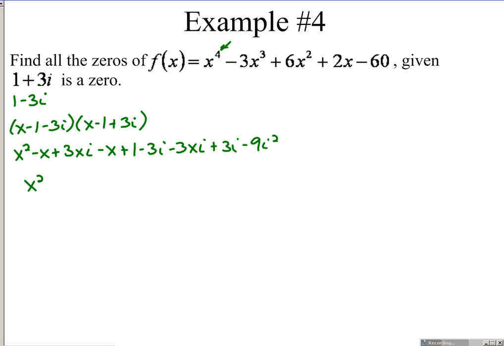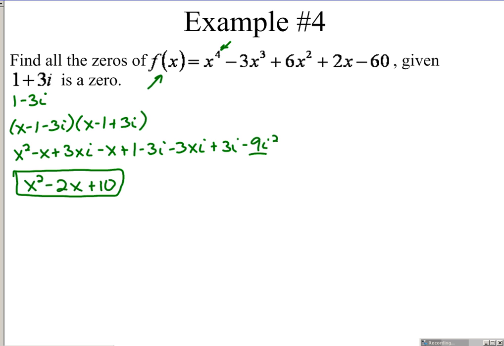Simplify: x squared minus 2x. 3xi minus 3xi gone. 1 plus 9, because negative 9i squared becomes positive 9. 1 plus 9 is 10. And negative 3i plus 3i is gone. So this is a factor then of this original polynomial up here.